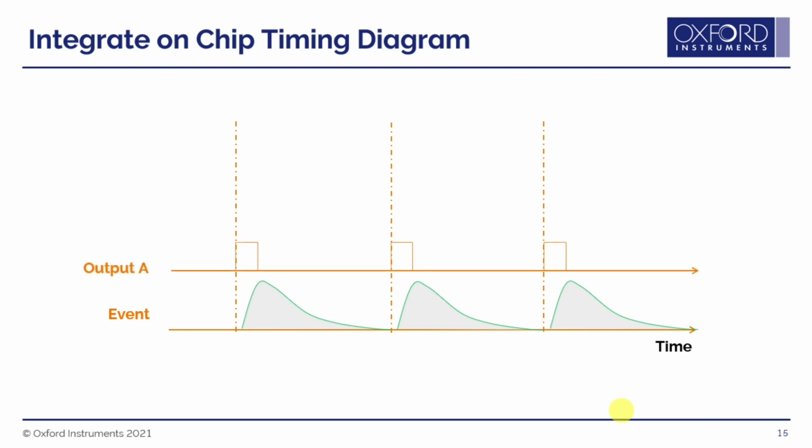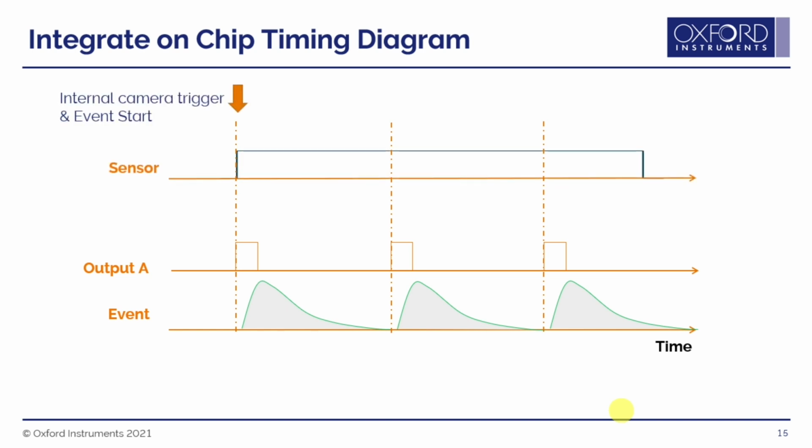So if you have an event like this, where you have an output A, for instance, that's triggering your event, you can set the event starting as before, but you have your sensor on a long exposure time, so your sensor is exposing across multiple events. Here we have 3 events within the span of this single sensor exposure.